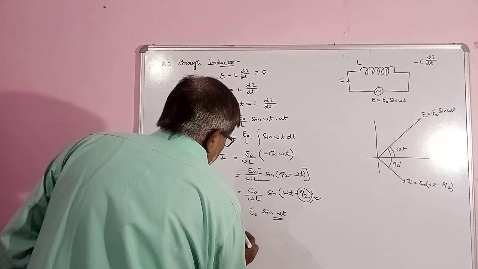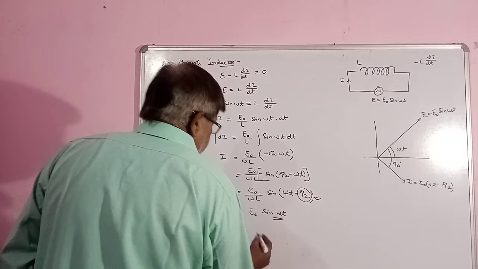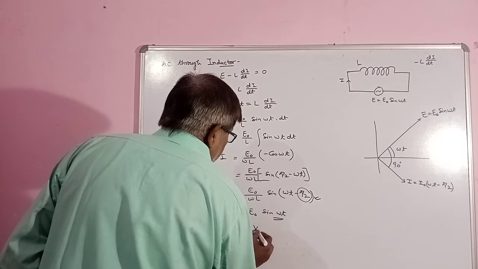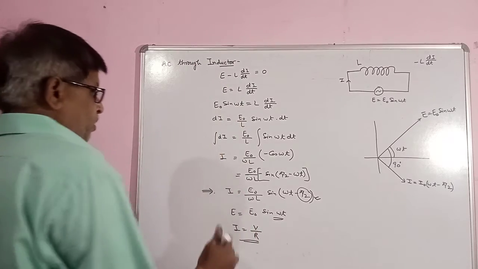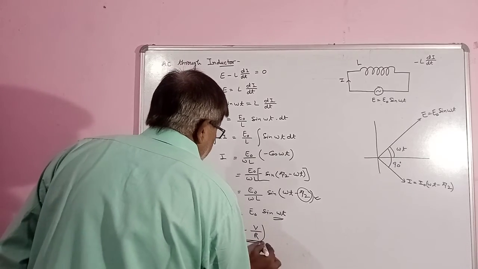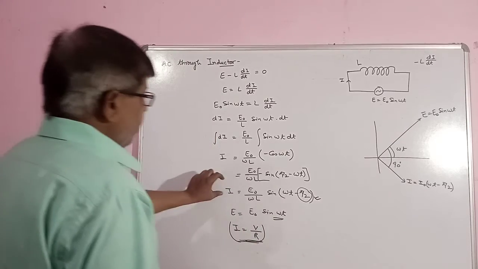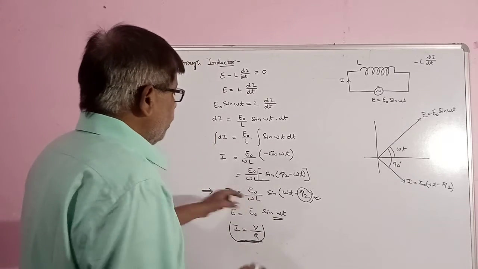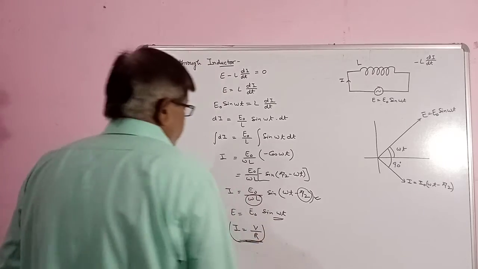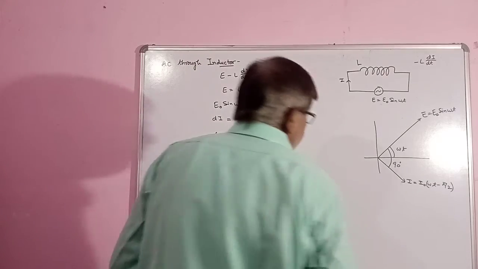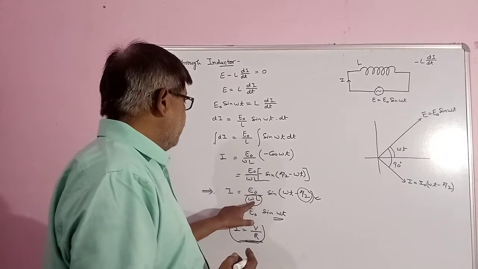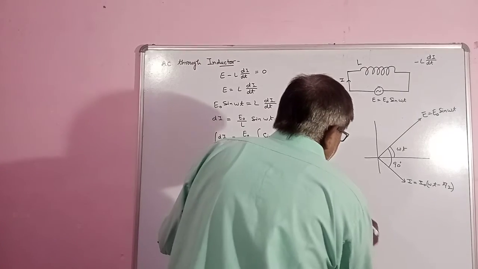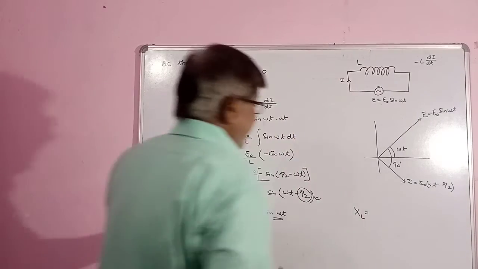Now one more thing. In general, I equal to V upon R, a very basic equation from Ohm's law. Here I equal to E naught upon omega L. So this is called reactance of the circuit, and it is denoted as XL.